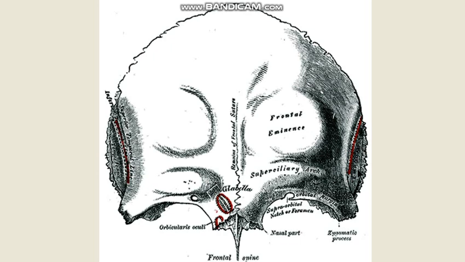Now this region of the squamous temporal forms a floor of the temporal fossa. So to the superior temporal line over here you have the attachment of the temporal fascia, and to the inferior temporal line you have the attachment of the temporalis muscle itself.